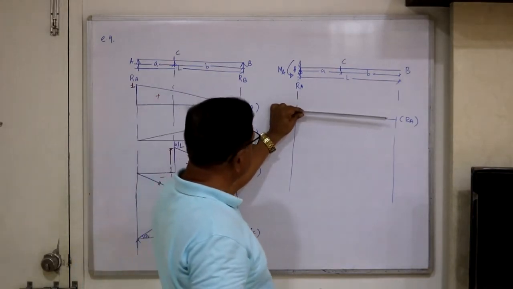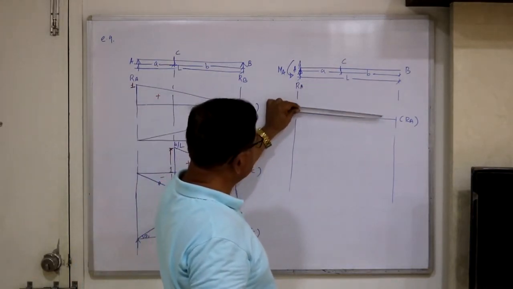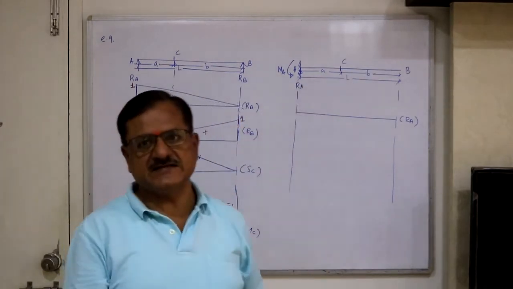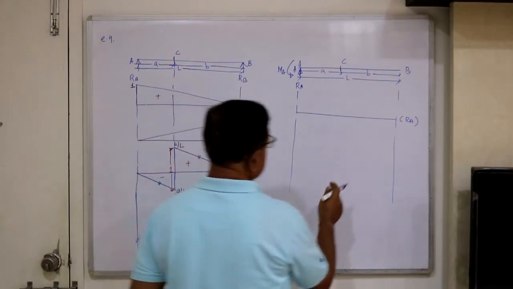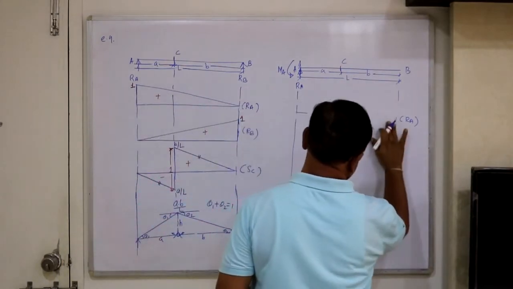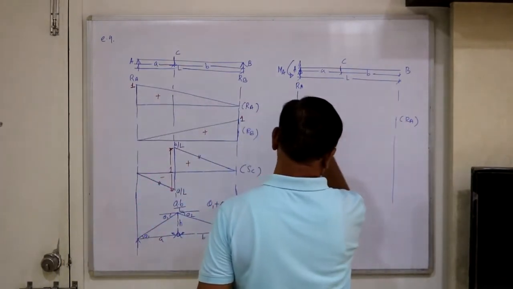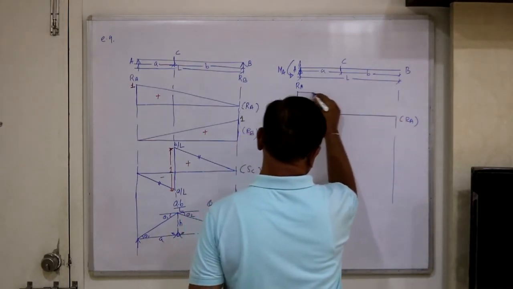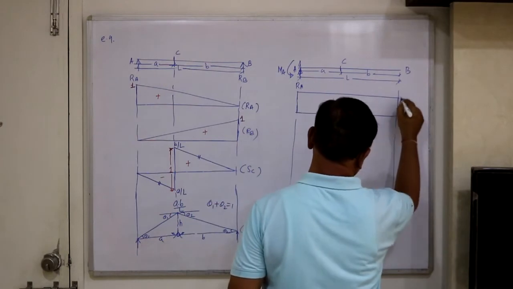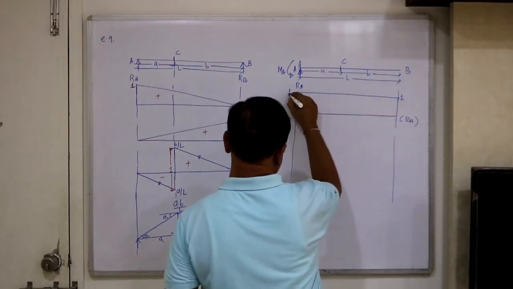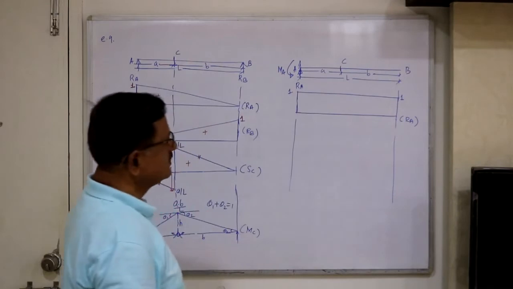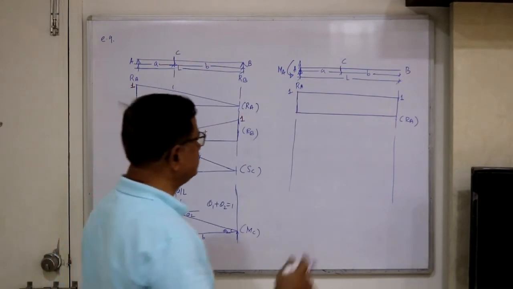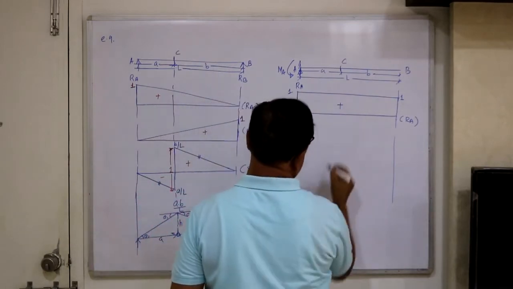Now I want to lift this up. The free end gets lifted because fixity is there, so it's a constant. So this is lifted up through unit, here it is 1, here it is 1. RA is to be lifted through unit, so simultaneously the right hand end B also got lifted up. So this becomes the ILD for RA.